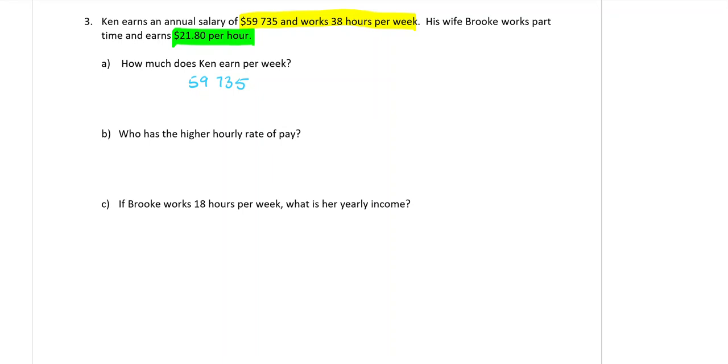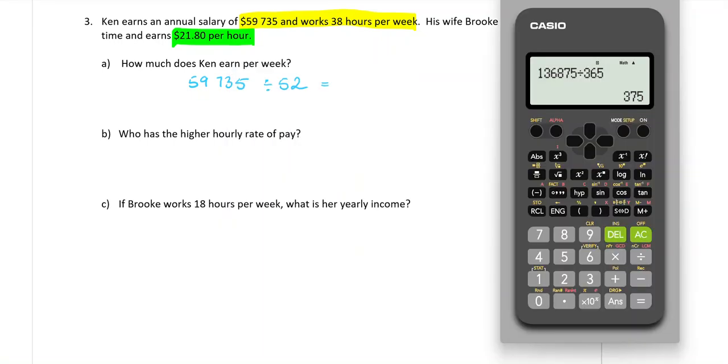If that $59,000 is for a whole year, there are 52 weeks in a year. I just want to divide that by 52. So he gets $1,148 and 75 cents.